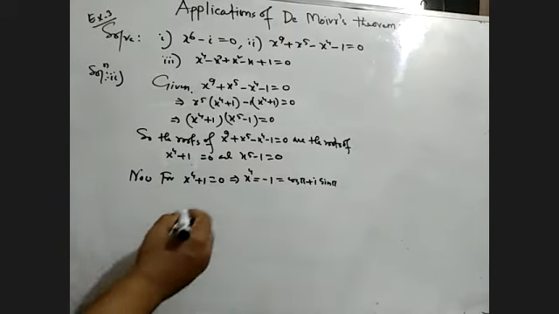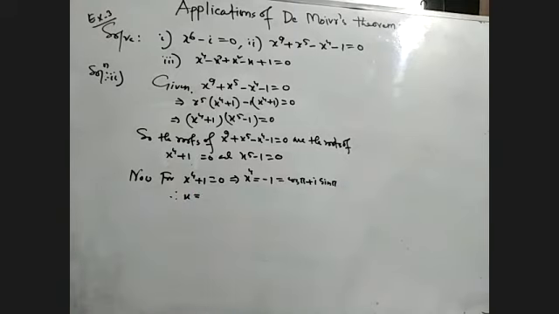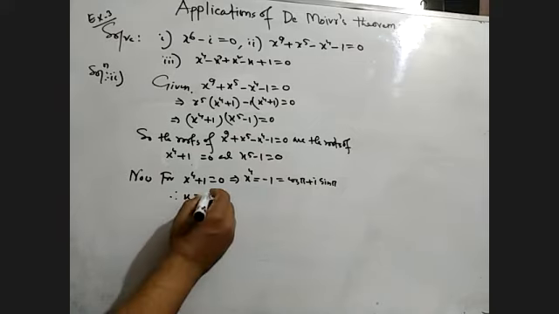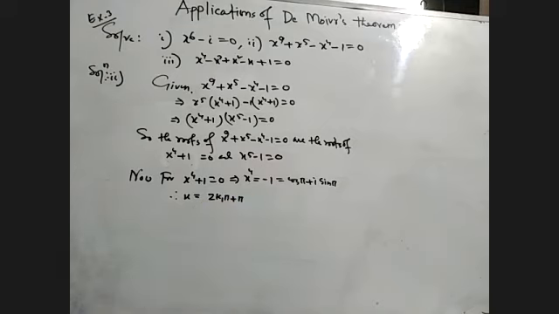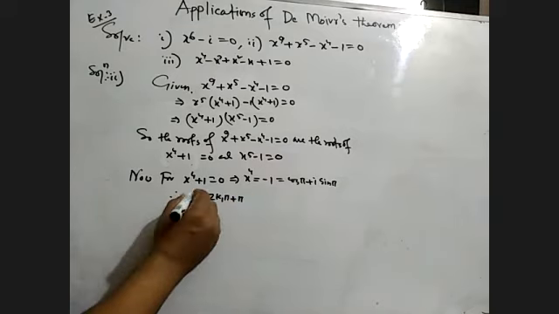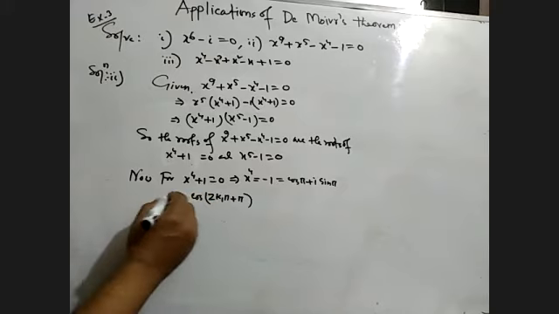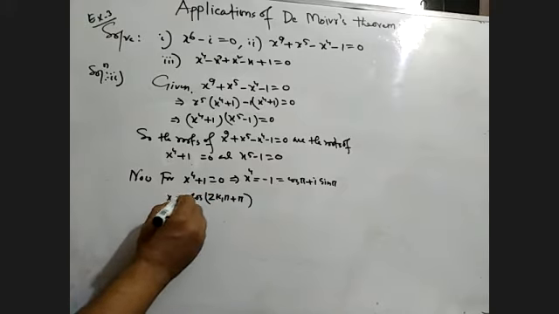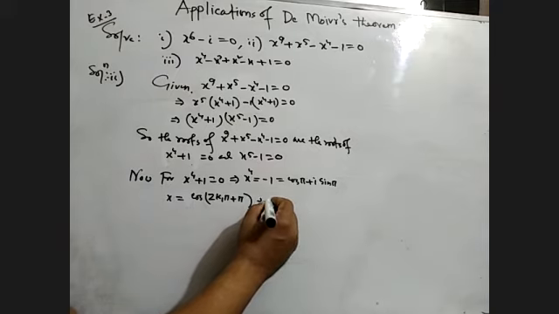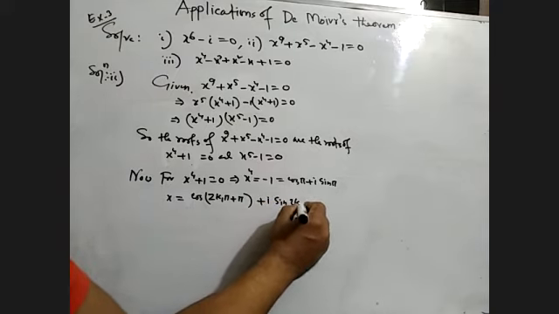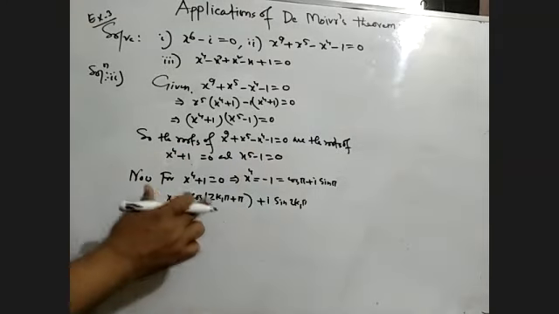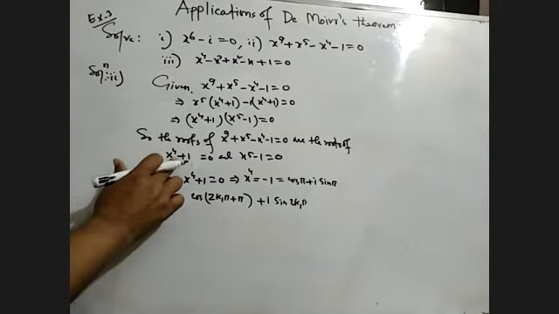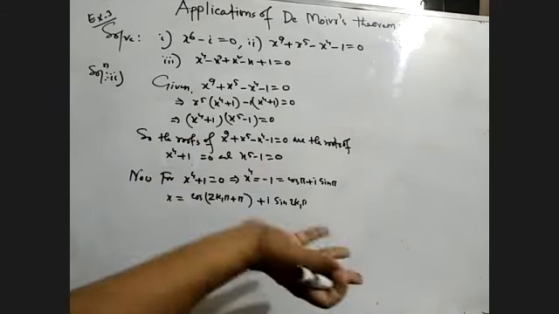Therefore x to the power 4 can be written as cos of twice k1 pi plus pi plus i sin of twice k1 pi plus pi. K1 means what? There are two equations. The roots of the first equation are indicated by k1 and the roots of the second one will be k2.